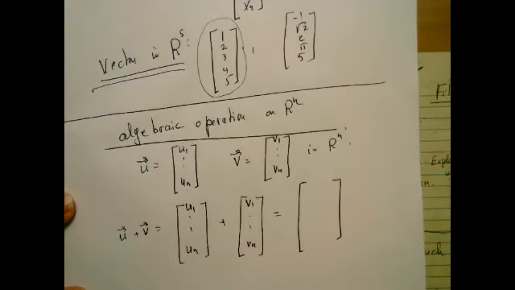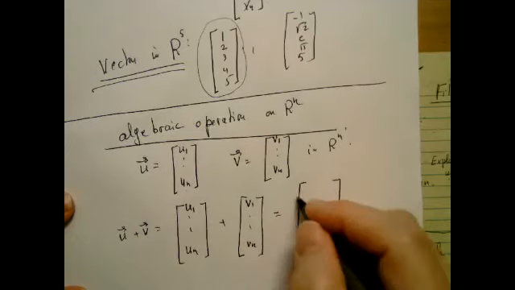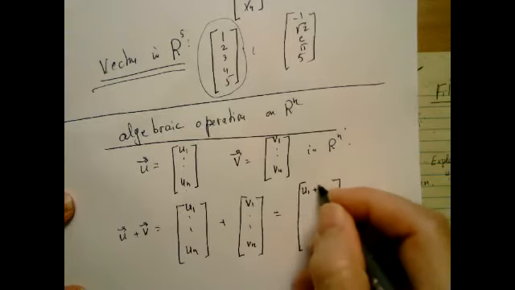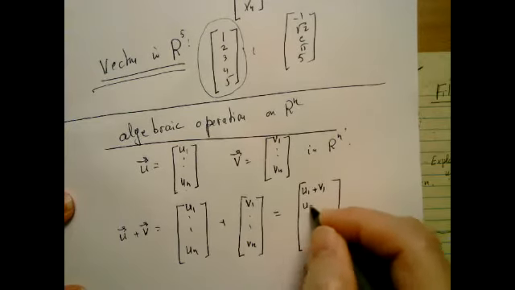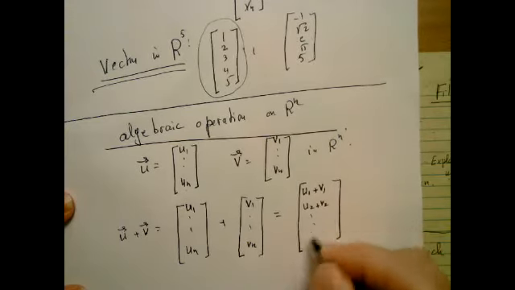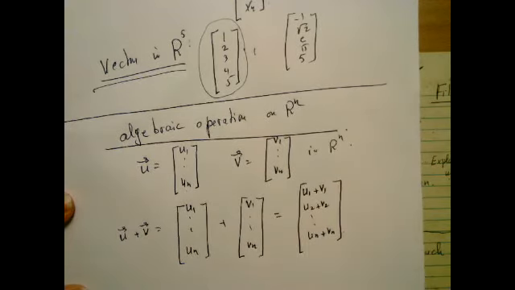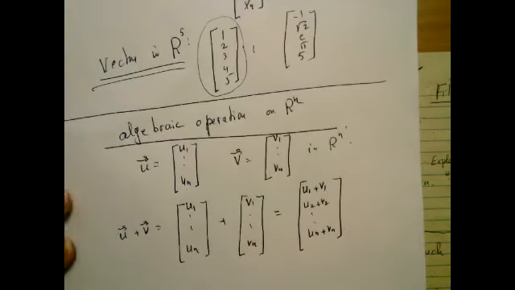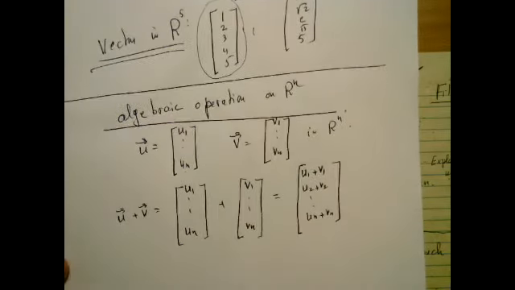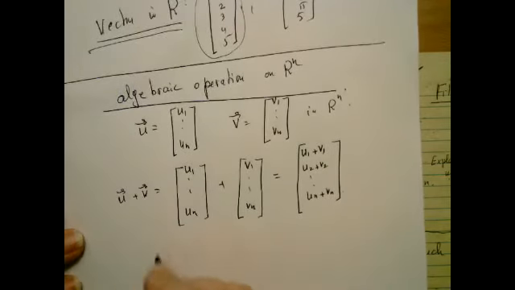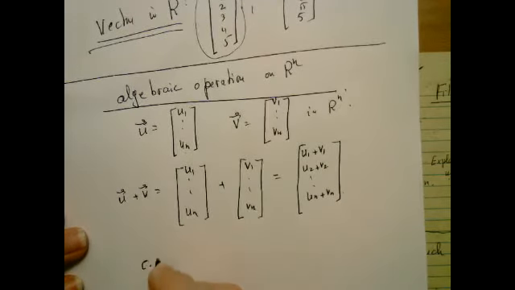I want to generalize this idea. So u plus v is going to be the vector u1 plus v1, u2 plus v2, etc., un plus vn. So we add vectors in R5, R16, it doesn't matter how many entries we have. We add them the same way we add the geometric vectors. Again, we will talk about scaling a vector.